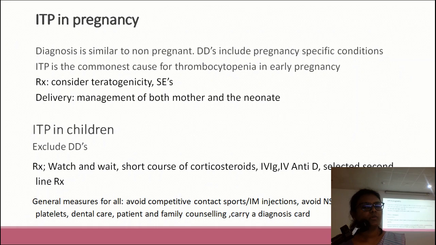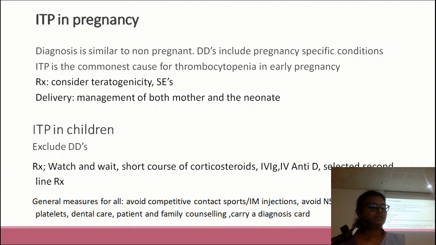So we should avoid traumatic deliveries such as forceps delivery and scalp blood sampling, and should check cord blood for full blood count. Depending on the platelet count, the monitoring and treatment will be decided. Normally, if the platelet count is less than 30,000 in a neonate, or if there is bleeding, we will try IVIG.